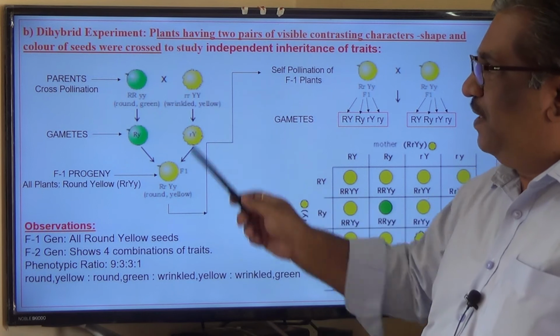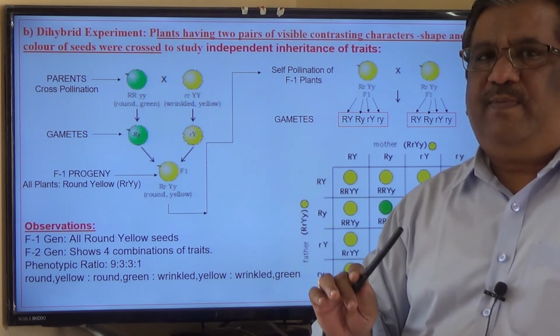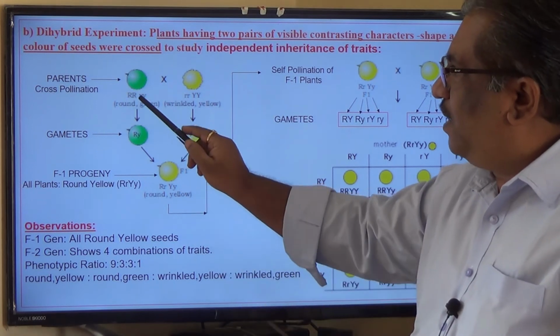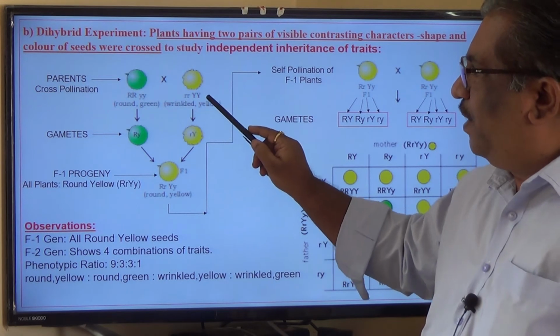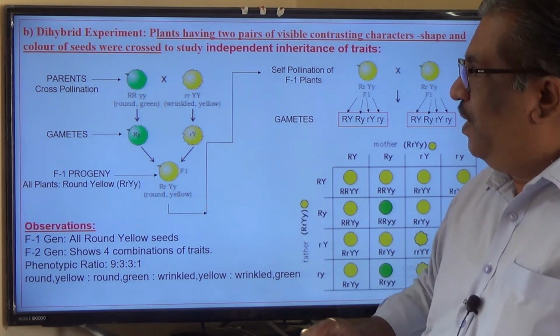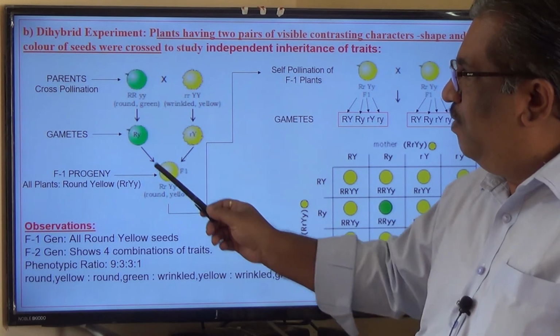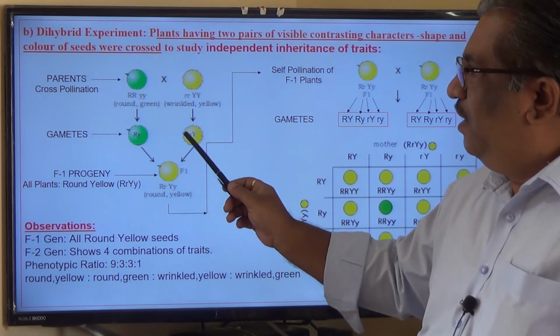What are the gametes of this one? Gametes should have the combination of the shape and color. So capital R, small y, this is one gamete here, and for this small r, capital Y is one more gamete here.